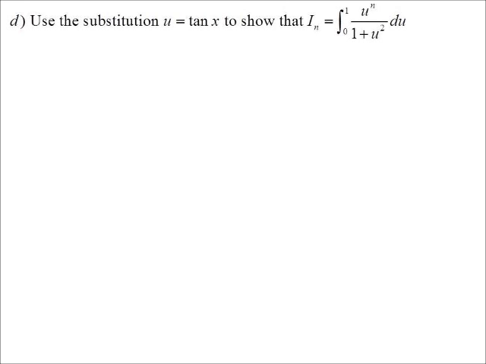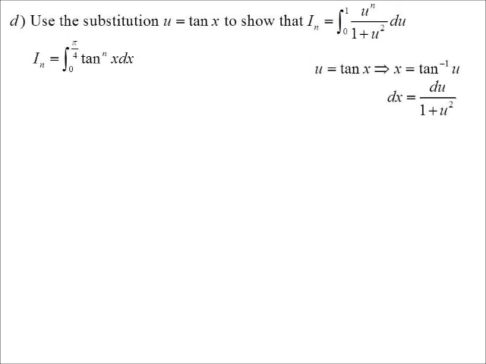We're going to use the substitution u equals tan x to show that I_n is this expression here. So I_n was the integral from 0 to pi on 4 of tan to the power of n x. Because I can see where I'm heading, I'm going to rewrite this as x equals inverse tan u, because when I differentiate inverse tan, I get du on 1 plus u squared.